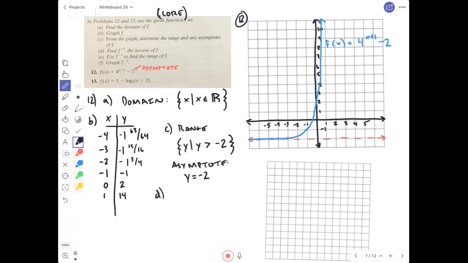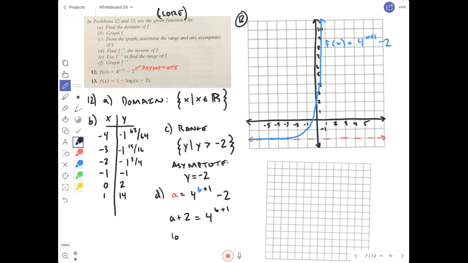Okay, so the inverse of f, well, I need to say, let's switch into an input variable and an output variable. So a equals 4 to the b plus 1 minus 2, and solve for b. A plus 2 equals 4 to the b plus 1.